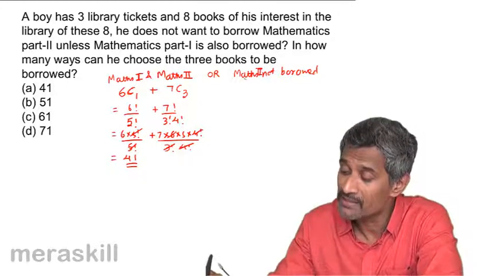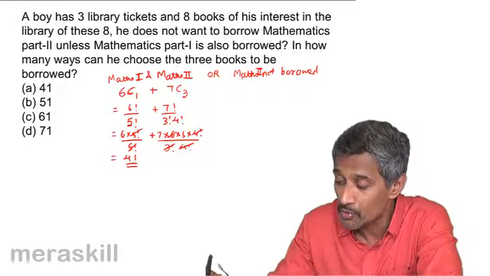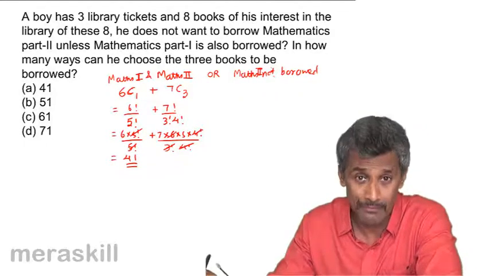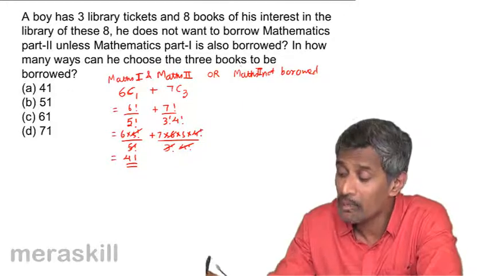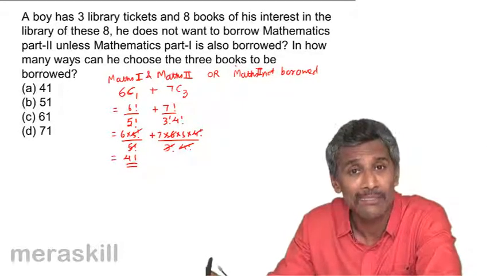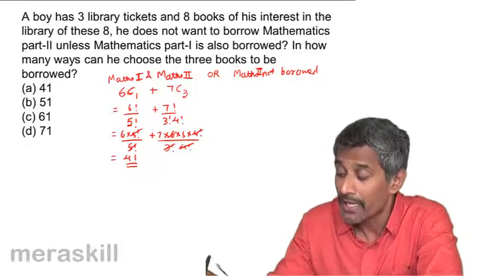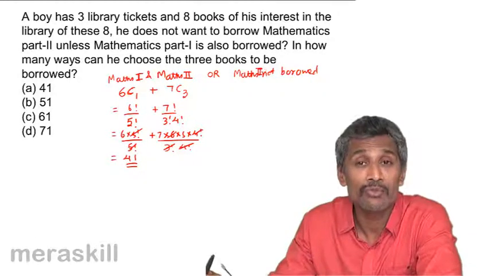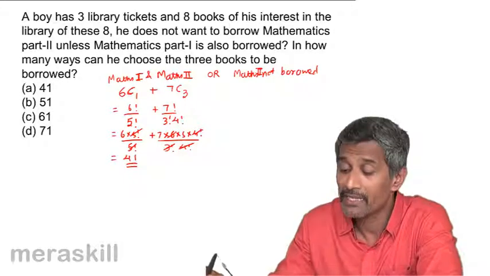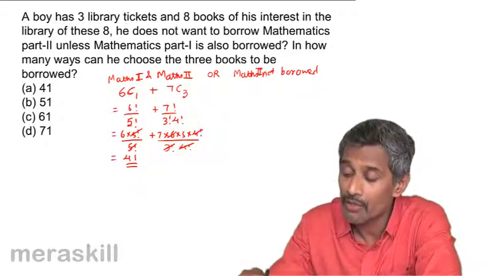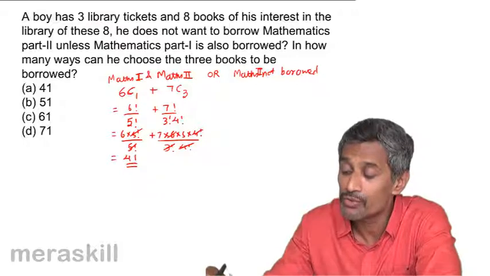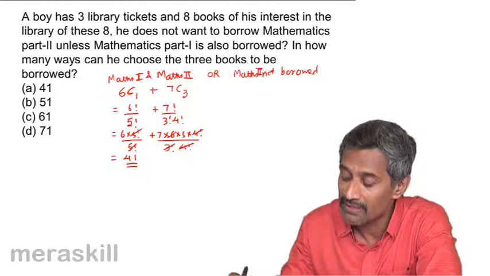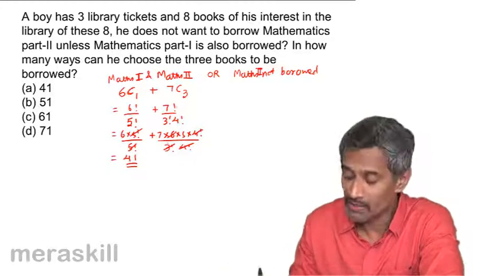So the second case is wherein he does not borrow Mathematics 2. He still can borrow Mathematics 1. Hence Mathematics 2 has been excluded over here. So in that case, there are only 8 minus 1, 7 books, but he still can choose to borrow Mathematics 1. And hence all 3 tickets will be used to choose 3 books out of 7, and hence we have 7C3, and that works out to be 35.